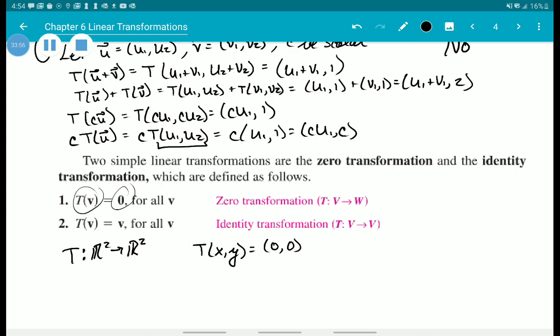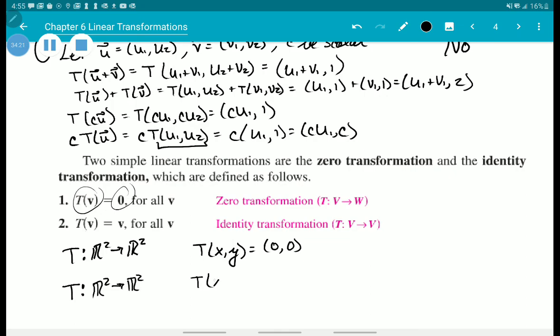So it's not a very exciting transformation, but it is a linear transformation just because it does pass both of those axioms required for that. And then the last one that's easy is the identity transformation. That takes a vector that's in a vector space and maps it to itself for every vector in that vector space. So it could look something like this. I'm just going to stay in R2 just for fun.